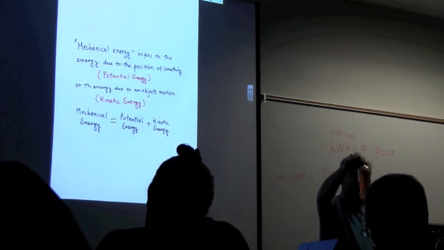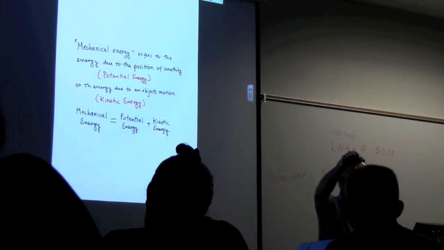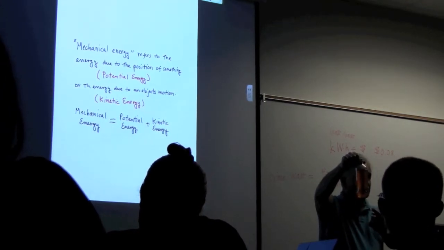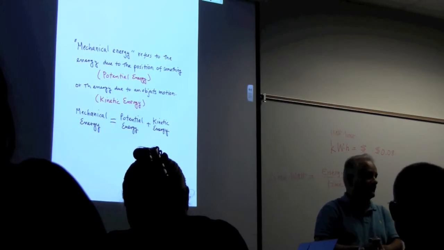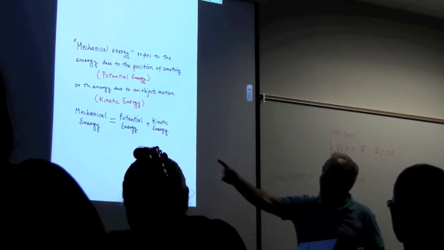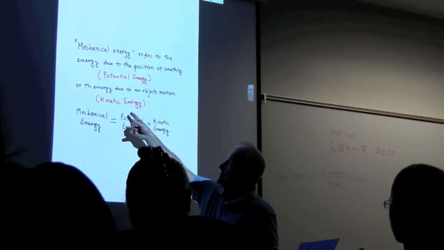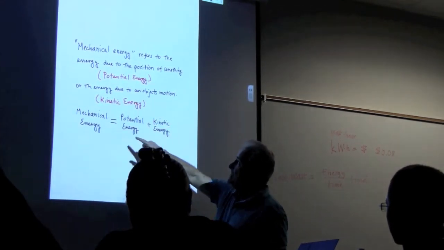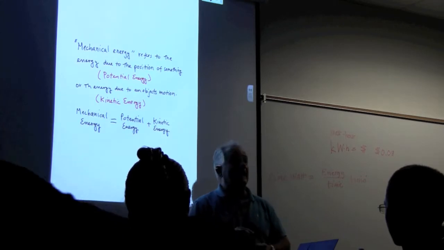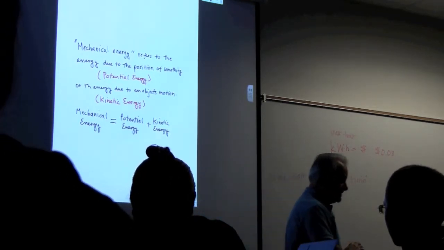In other words, you lift something up like this, you have just now given it gravitational potential energy, because if I drop it, it will come back down and could do some work for me, turn something on, for example. And the other energy is energy due to motion. And the sum of those two things, the potential and the kinetic energy, that's what we call the mechanical energy of a system.